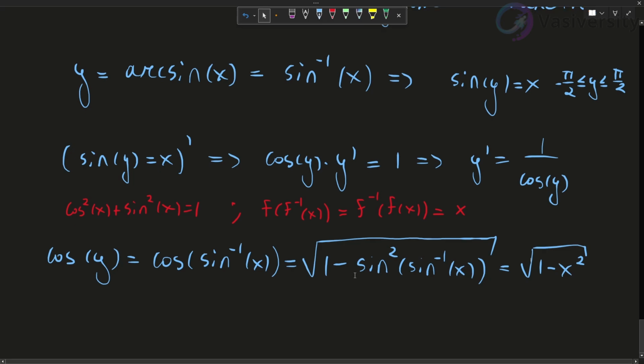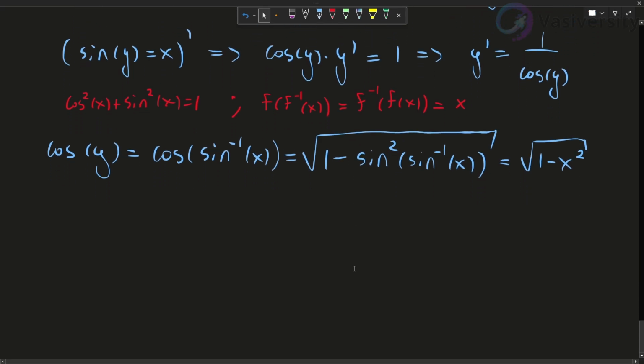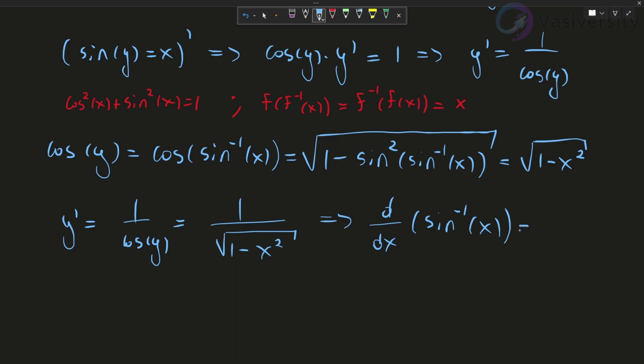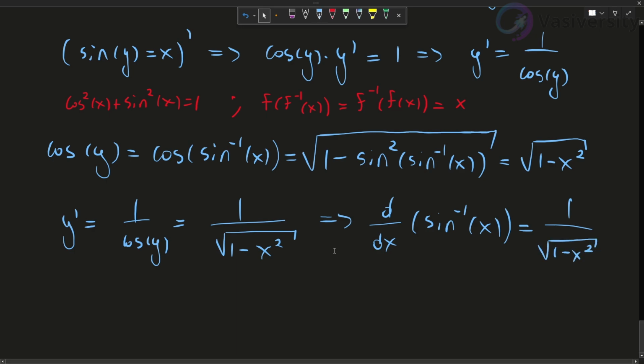That means now we can plug in. So y prime is equal to 1 over cosine of y, which is equal to 1 over the square root of 1 minus x squared. So that implies that d/dx of sine inverse of x is equal to 1 over the square root of 1 minus x squared. All right, perfect.